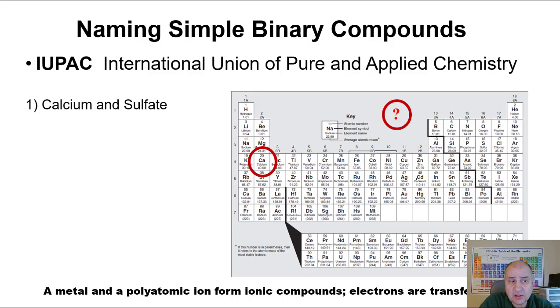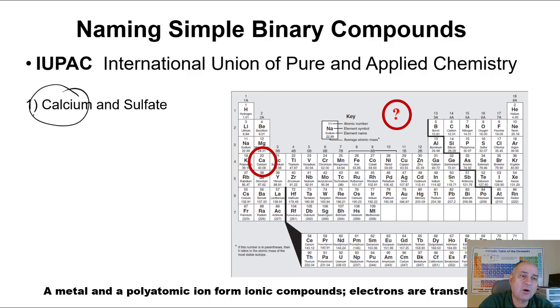And then occasionally you're asked to come up with something like this: calcium and sulfate. Now, sulfate is not an element on the periodic table, but because a metal is involved, most likely this is an ionic compound. And so sulfate has to be something different, a charged particle, a combination of some sort.